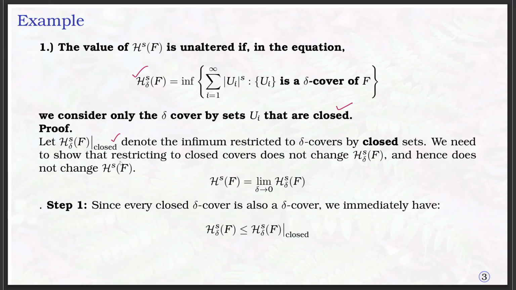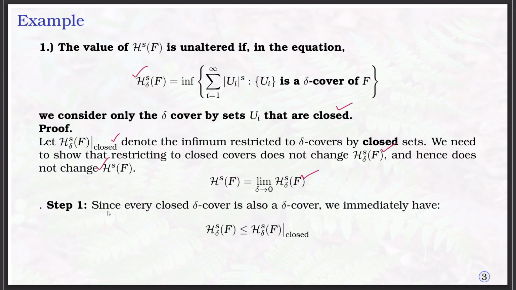We need to show that this restricted closed cover does not change Hs delta of F. The S dimensional Hausdorff measure does not change its value when, instead of any cover, we take closed sets. If it is not changed for any arbitrary delta, then as delta tends to 0 it will not change either, and hence Hs of F does not change. That means we need to prove Hs of F equals the limit as delta tends to 0 of Hs delta of F.